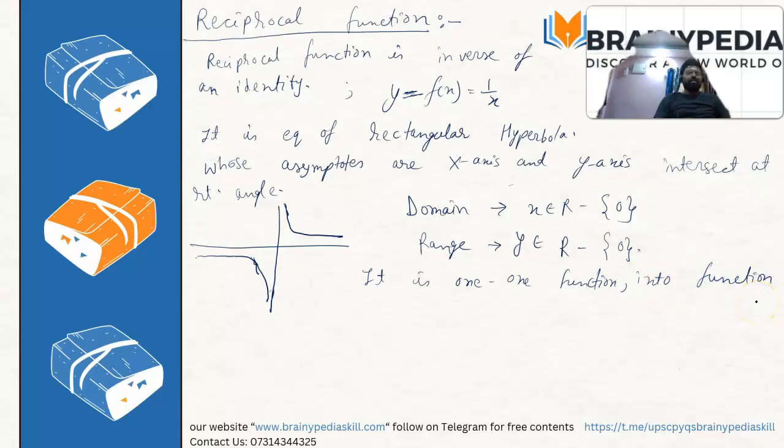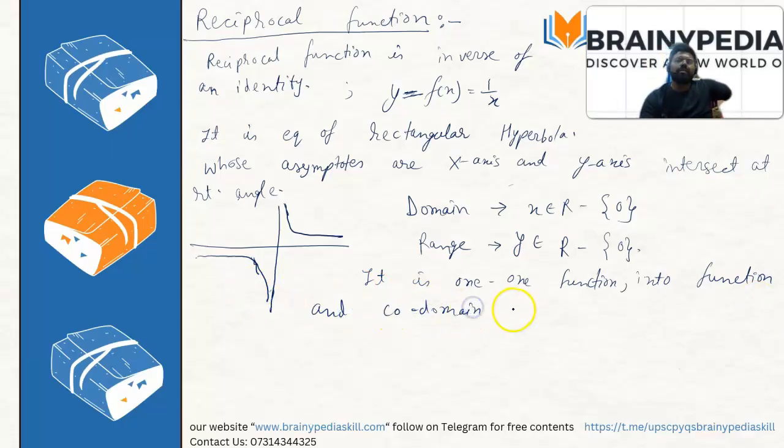And the codomain is the set of real numbers, that is R, okay?